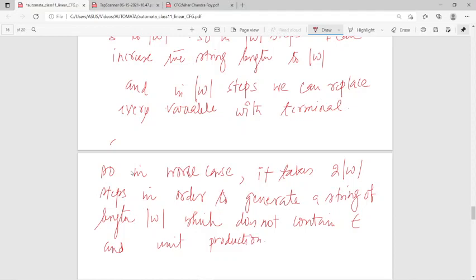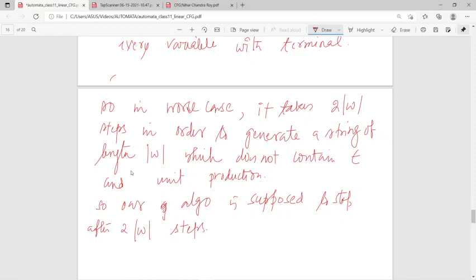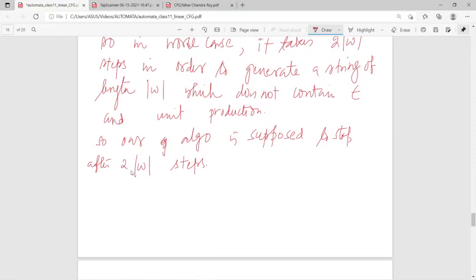So our algorithm is supposed to stop after 2w steps, because that is the worst case.